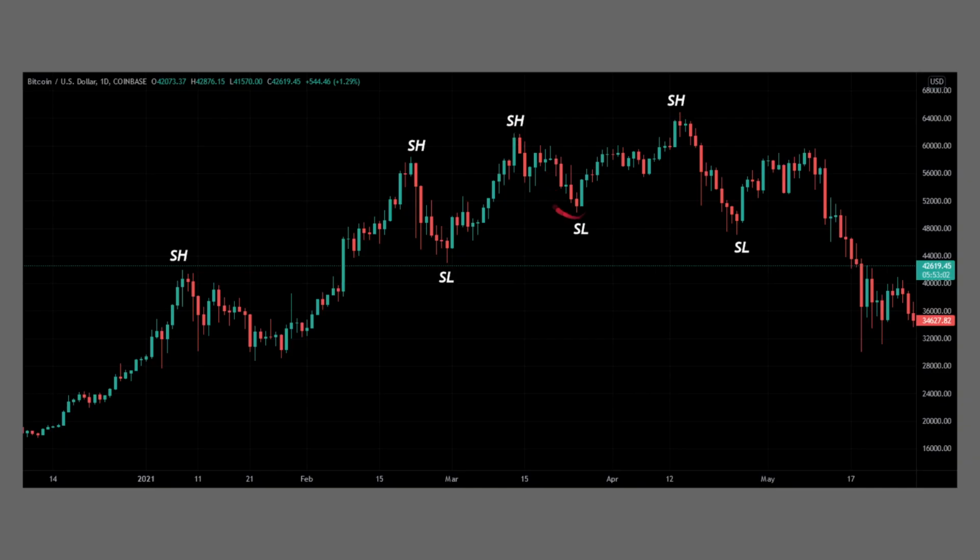Price comes down, established a low, and reversed back to the upside to this swing high. One more time, we see another one in late April, going into early May, a swing low of about 45,000. Price does recover, come back up, and fails to breach this $60,000 range.